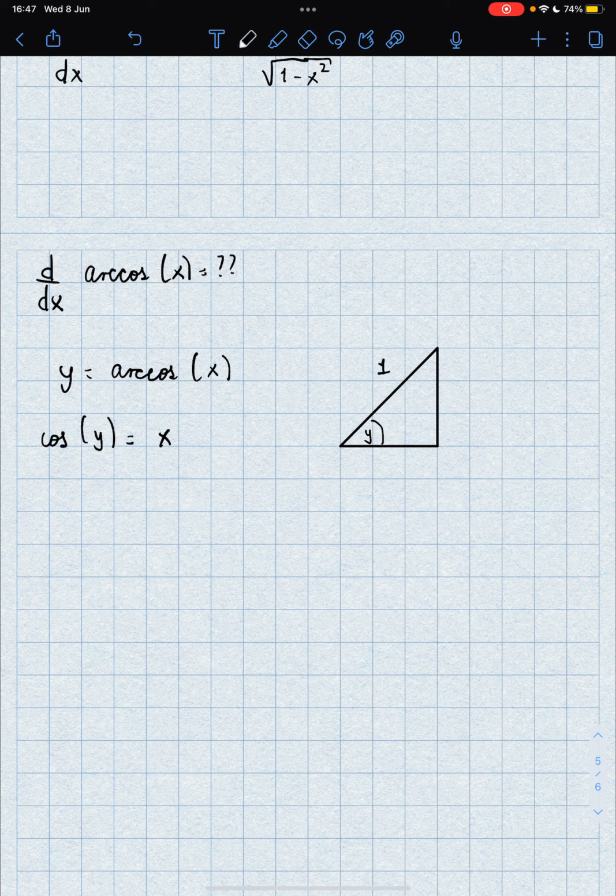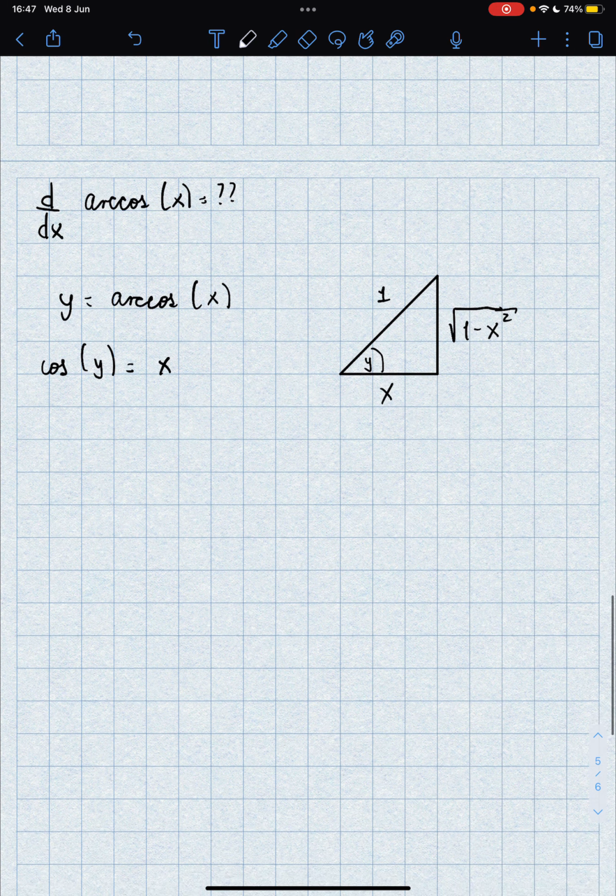So the hypotenuse is 1, and here we have x. In case I want sine, or this side over here, I will have to say this is square root of 1 minus x squared. Perfect.